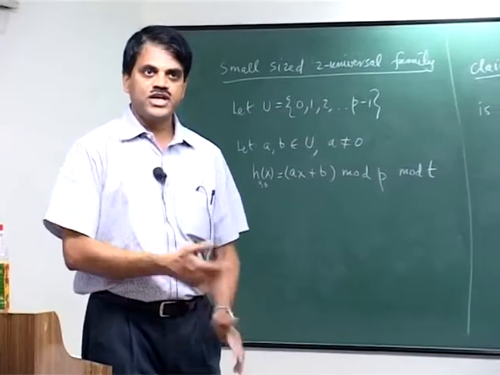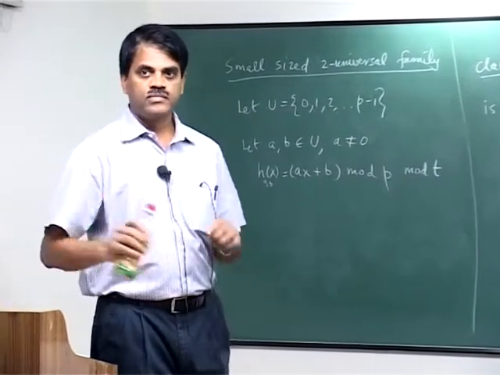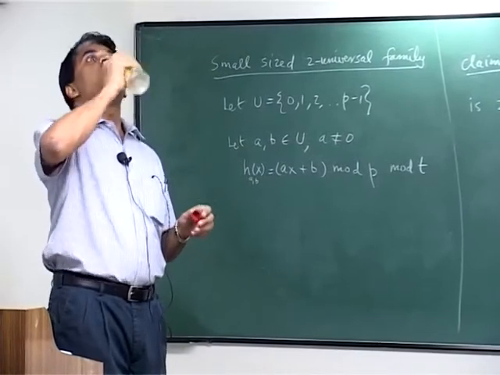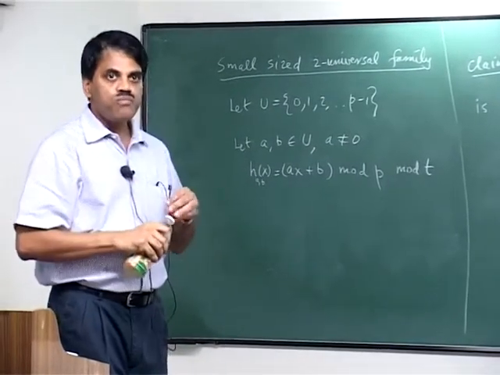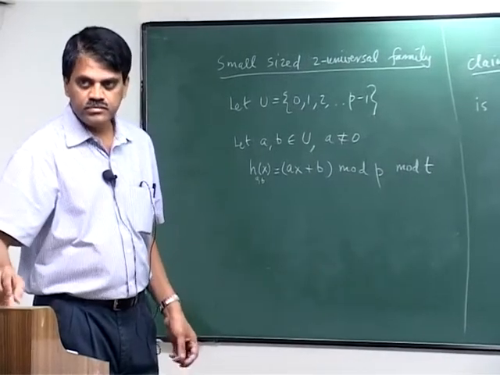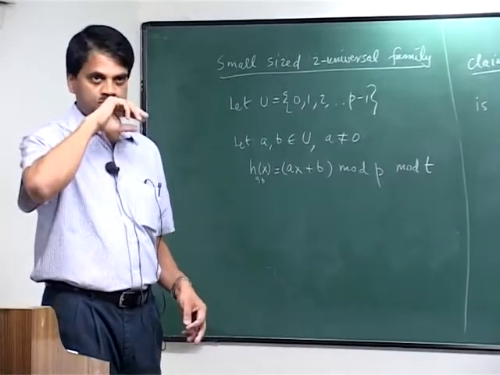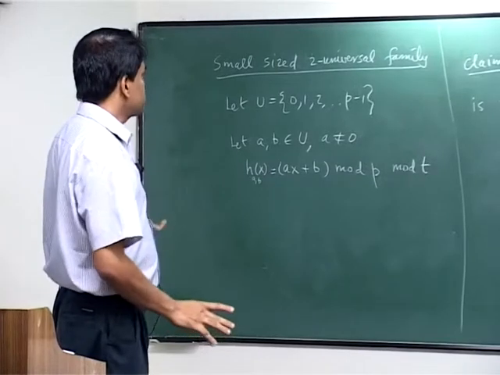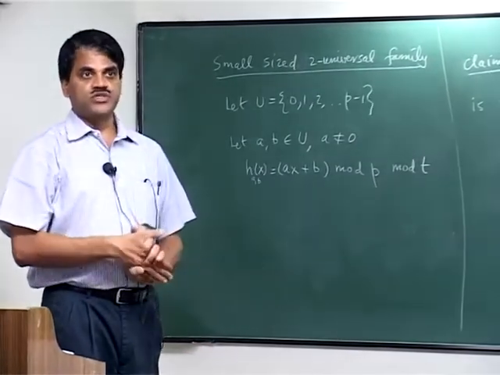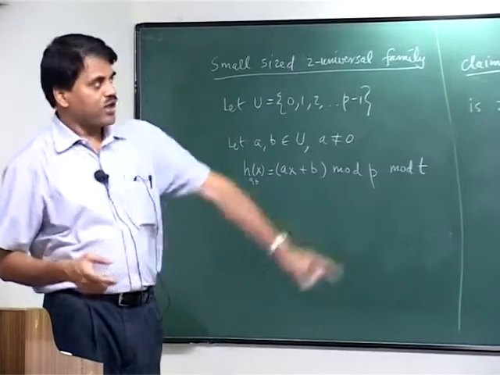How many functions are here? P minus 1 into P. A has P minus 1 choices, B has P choices. So about P square.